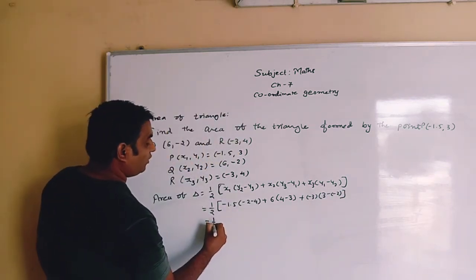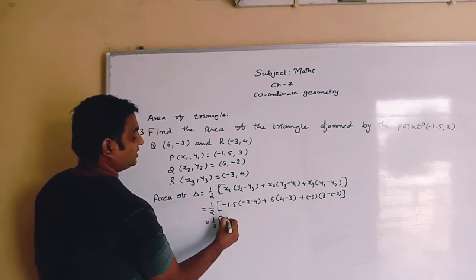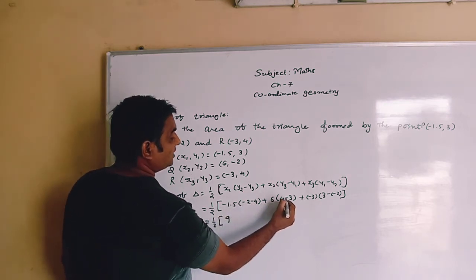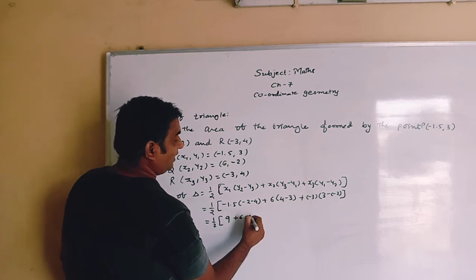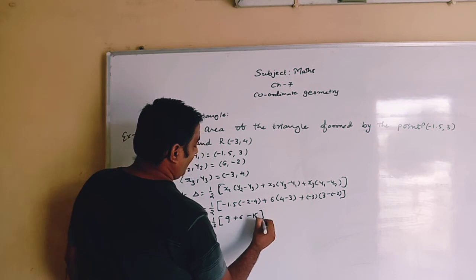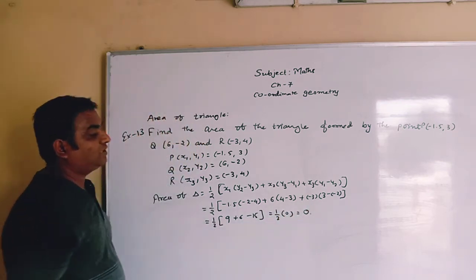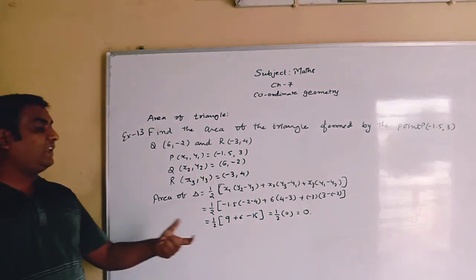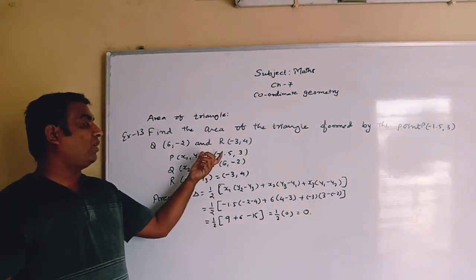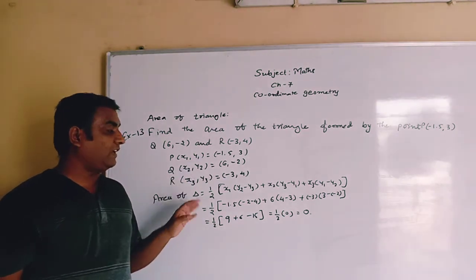So here 1 by 2 [−1.5 into −6, that is 9, plus 6 into 1, 6, and here −3 into 5, −15]. And so 1 by 2 into 0, so the area is 0. And whenever we get the area 0, then the points are always collinear. They lie in a straight line.